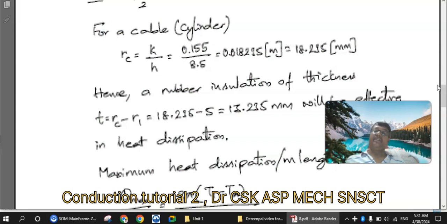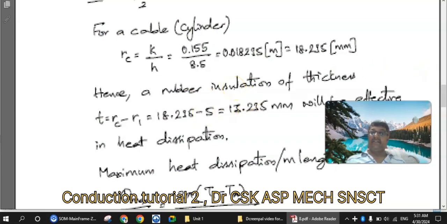We have already seen the unit clarification in the previous problem: watts per meter Kelvin divided by watts per meter squared Kelvin. We will get 0.018235 meter, that is 18.235 millimeter.